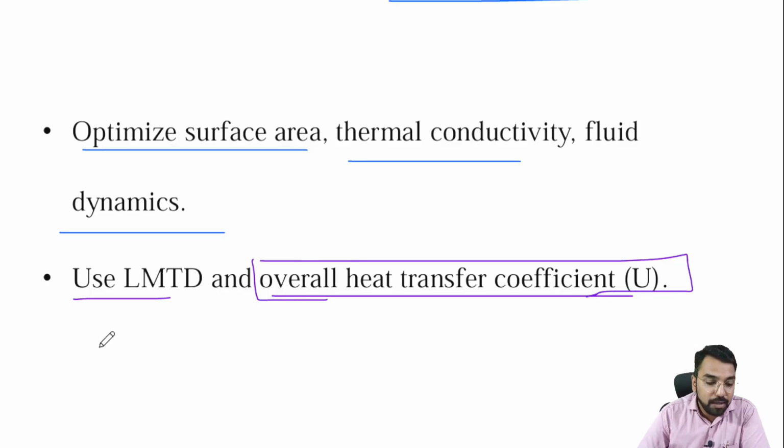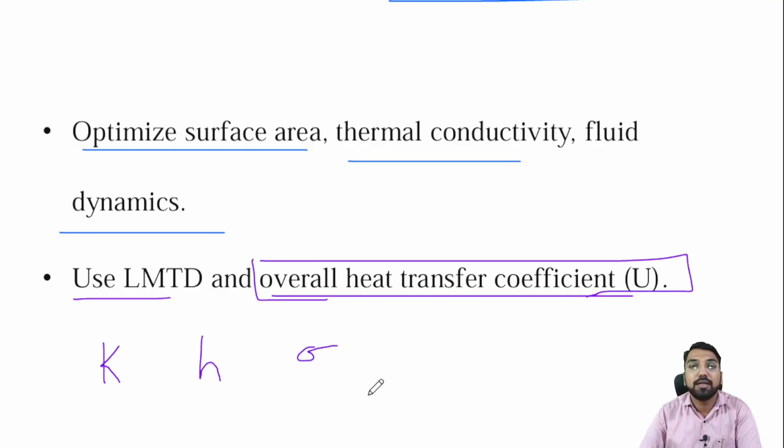We have seen that for conduction, thermal conductivity plays an important role. For convection, the convective heat transfer coefficient plays an important role. And for radiation, sigma, the Stefan-Boltzmann constant, plays an important role in calculating how much heat is going to transfer.